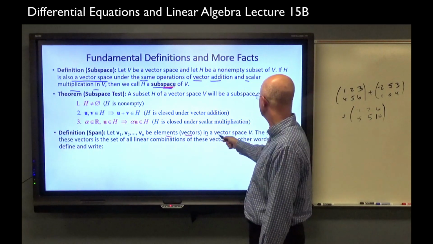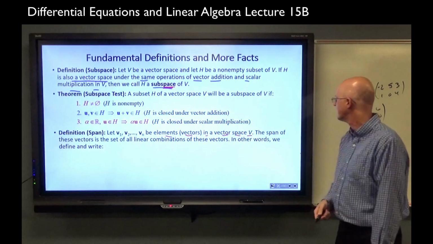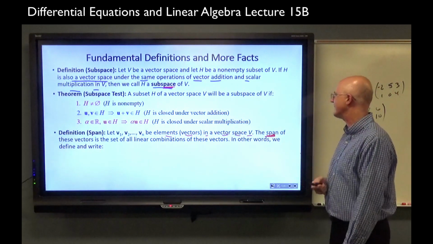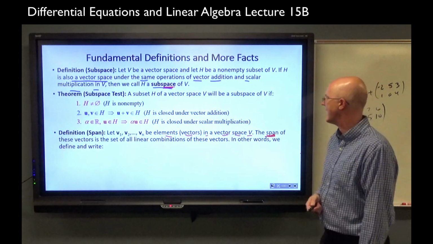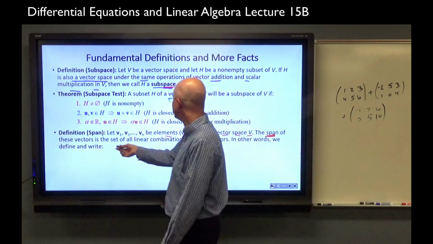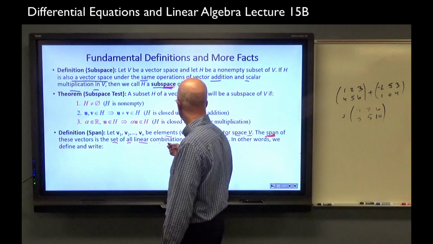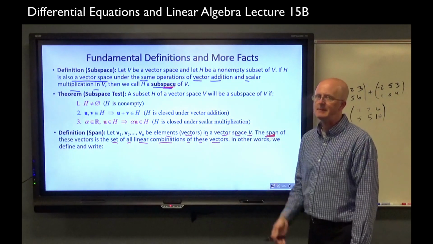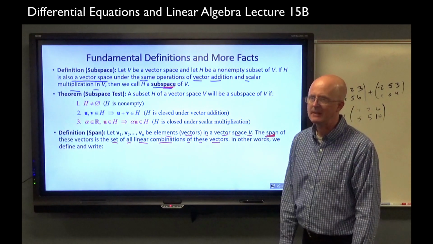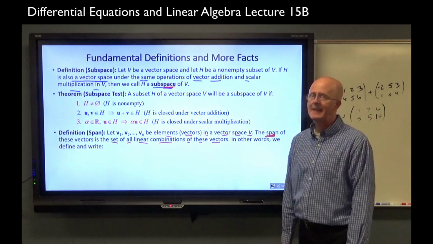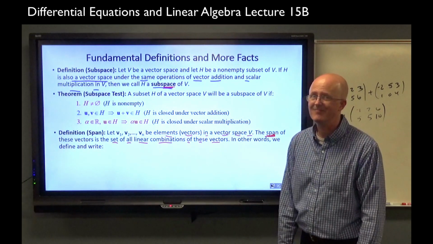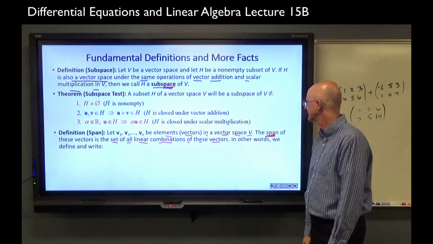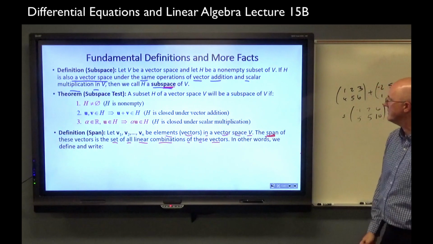Elements in a vector space V, capital V. The span of these vectors is the set of all linear combinations of these vectors. Now, technically speaking, I should define what linear combination means, but I've said that so often recently, you should be able to write down what a linear combination of these vectors is. I'm about to show you.